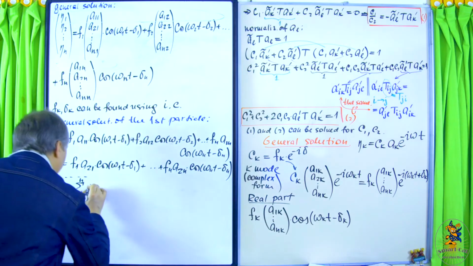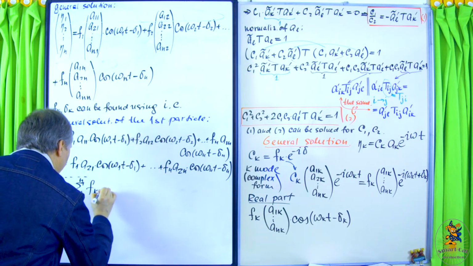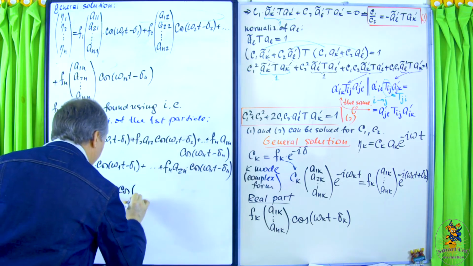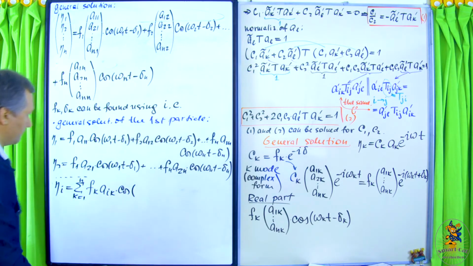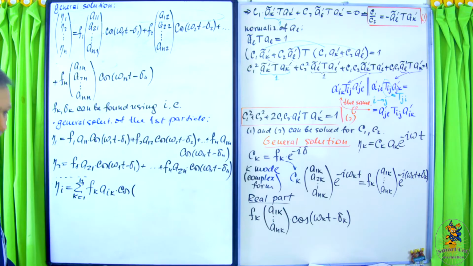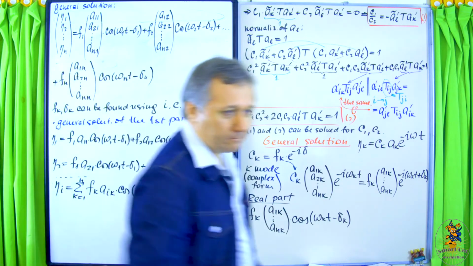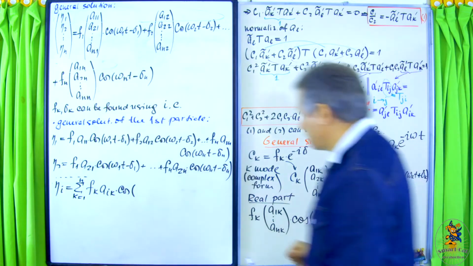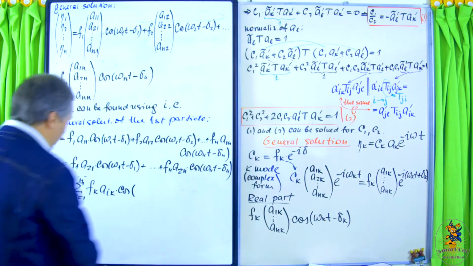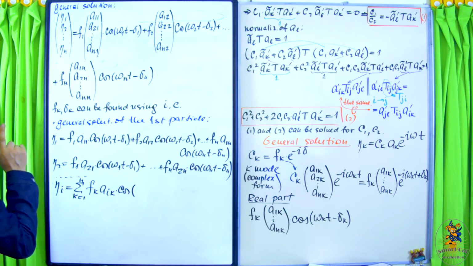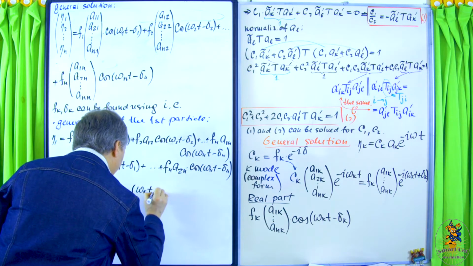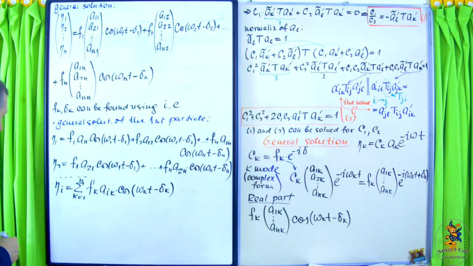So it will be F_k A_ik and cosine of omega_k t minus delta_k.